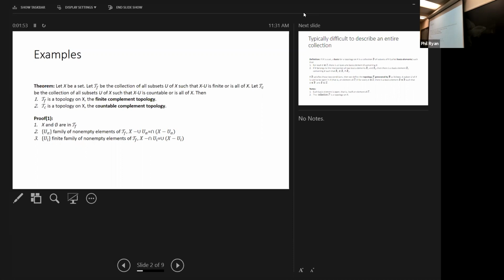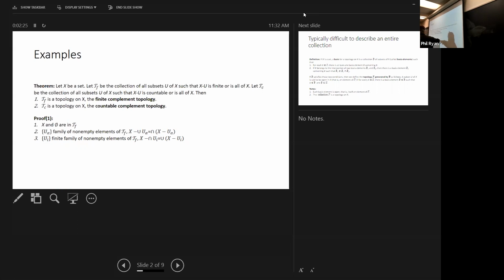then their union would be there because of the De Morgan laws. So let's assume that each one of those is not empty or the whole set X. If it's empty, it's trivial. It doesn't do anything. If it's the whole thing, then X minus X will be finite. So this thing here is then the union of those sets.